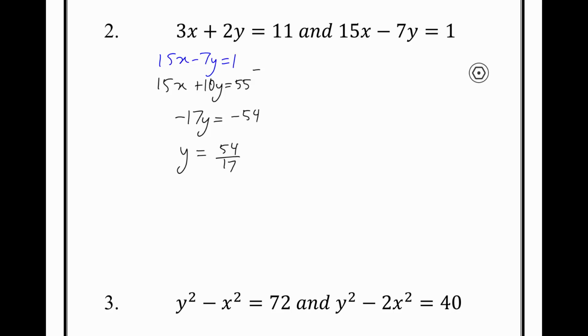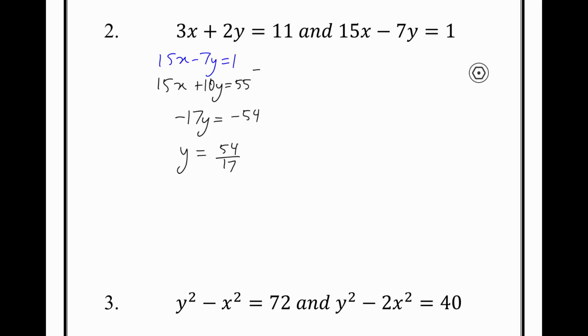Since we know what y is, now let's go back and find x. If we use elimination again, we note that the y's do not go into each other, and hence we'll have to create a new multiple for them. So if we multiply the first equation by 7 and the second equation by 2, we'll create a common multiple of 14.